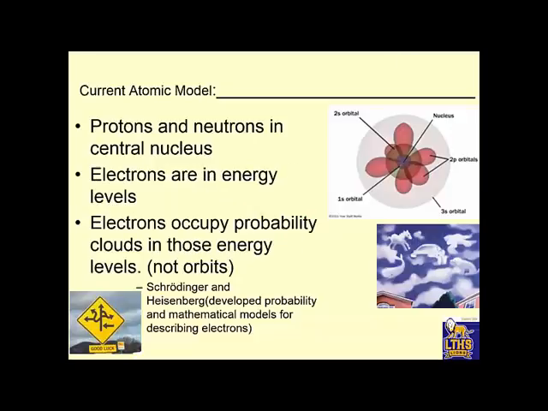There's no orbits. We have our current model of the atom, which is called the quantum mechanical model, sometimes called the wave mechanical model, based on data and evidence from Schrodinger and Heisenberg, quantum theory. It's still a nucleus with protons and neutrons in it, and electrons outside the nucleus.